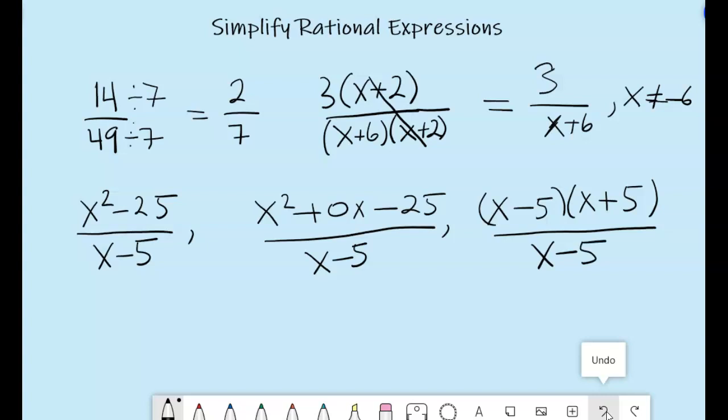So we realize that x minus 5 is common on numerator and denominator, so they turn into 1. That's the reason why we cross it out. And then we get the answer to be x plus 5. That's one way of doing it. We can look at the other way of doing it.